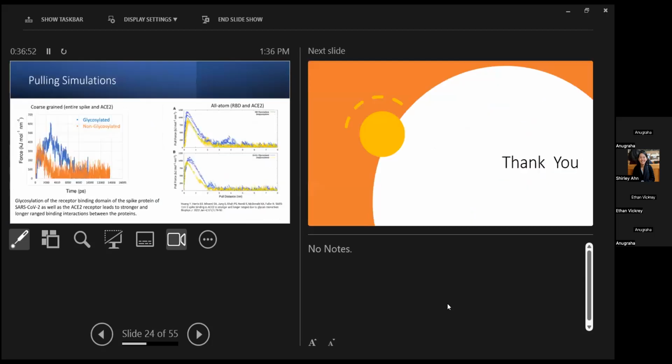So one good thing that I could produce: on the right here we have all-atom MD simulations for just the RBD and ACE2, for both glycosylated and non-glycosylated, which was from our group, where Ihan and Brad worked on this. So we were able to reproduce similar results.